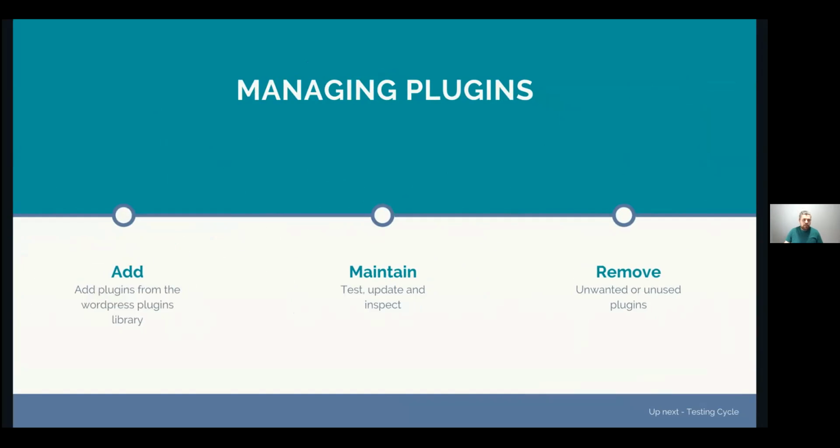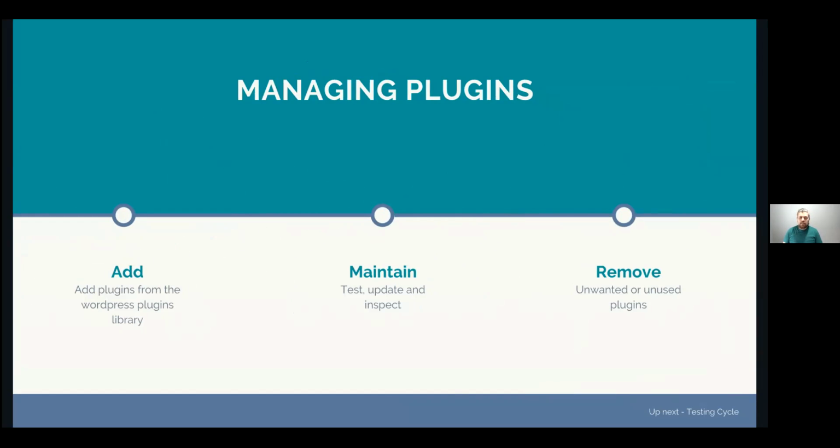So, managing plugins. This will just be touching on, let's say you installed the plugins, how would you manage them? To manage plugins, first of all, of course, you need to add them. When you add a plugin, you go to the WordPress plugin library, choose the plugin and add it.